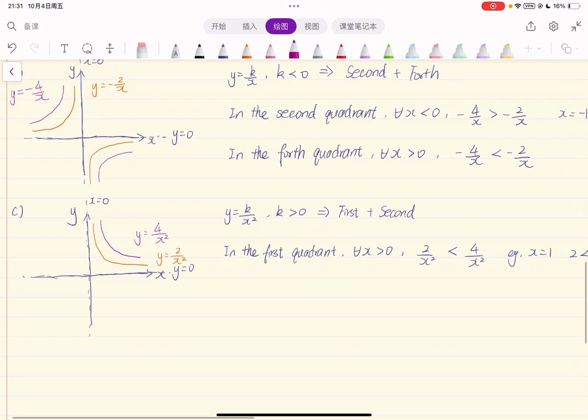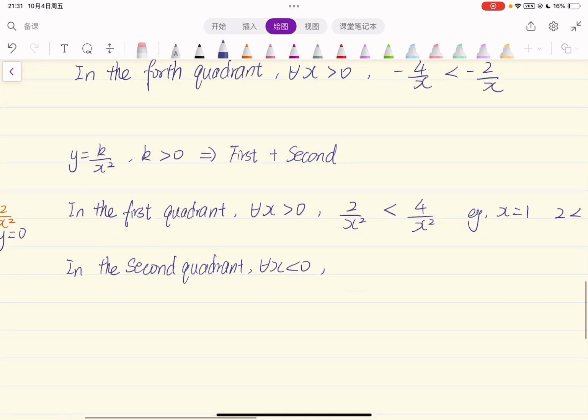How about in the second quadrant? So in the second quadrant, for all x less than 0, as you can see, x squared is always greater than or equal to 0. So, for all x less than 0, 2 over x squared is also less than 4 over x squared, the same as for x greater than 0.